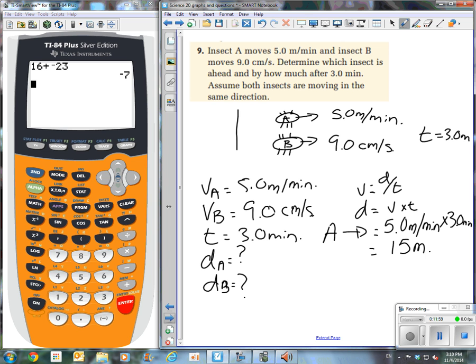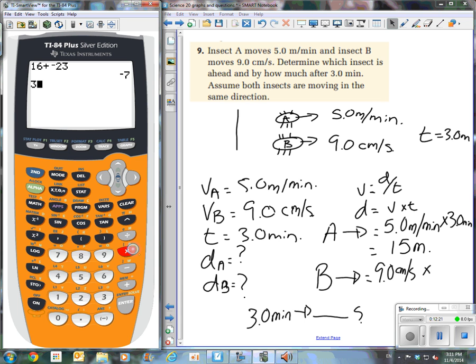Now for insect B, his velocity is 9.0 centimeters per second. Now I need to have the same unit of time, so I need to figure out what 3.0 minutes is in seconds. And I need to do that by multiplying 3 by the 60 seconds in each minute.